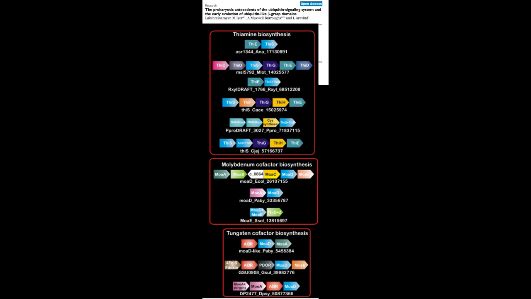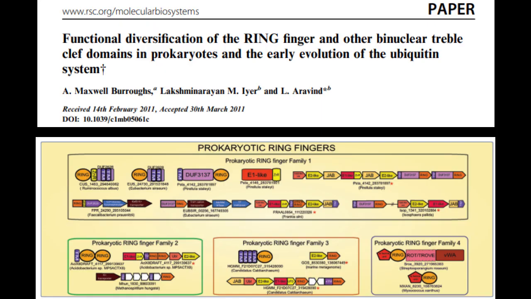But I think right, where URM1, an ortholog of the ThiS MoaD group of the prokaryotic world, is conjugated like ubiquitin.